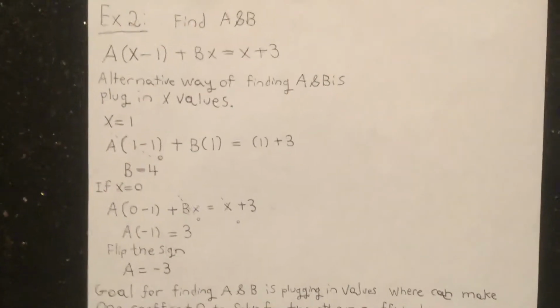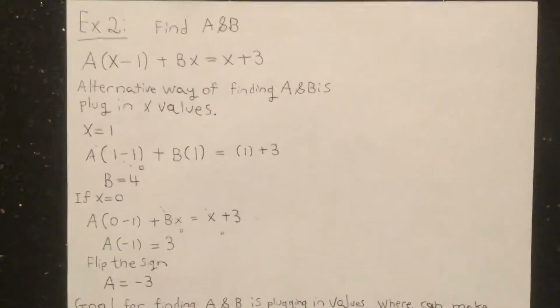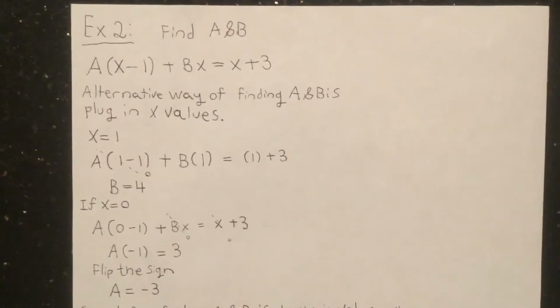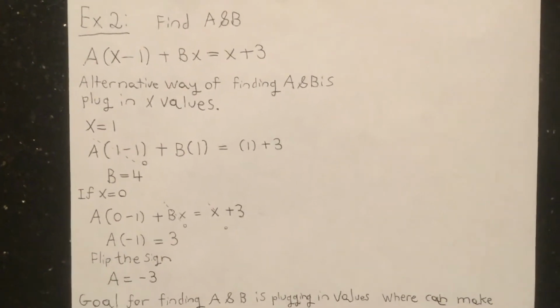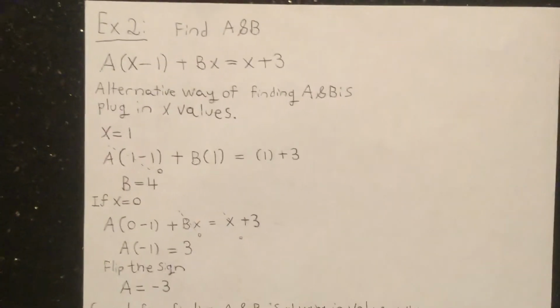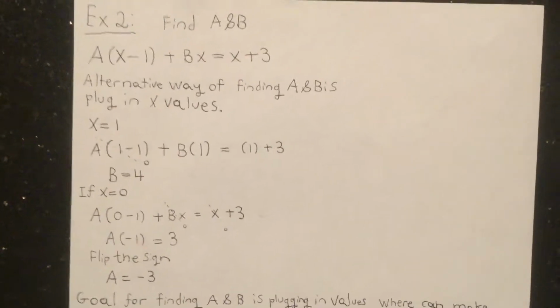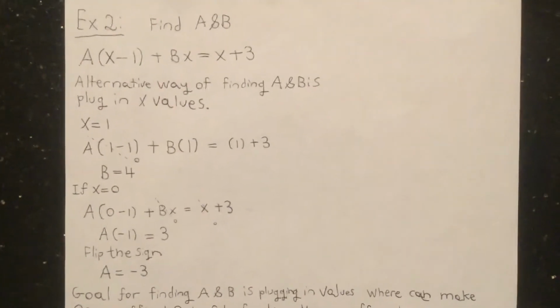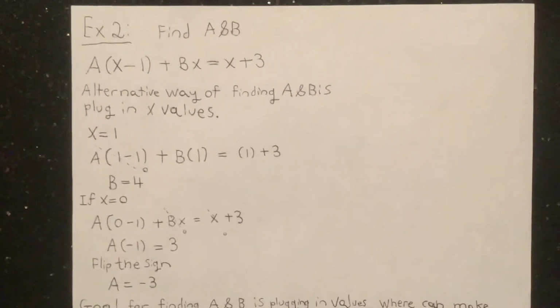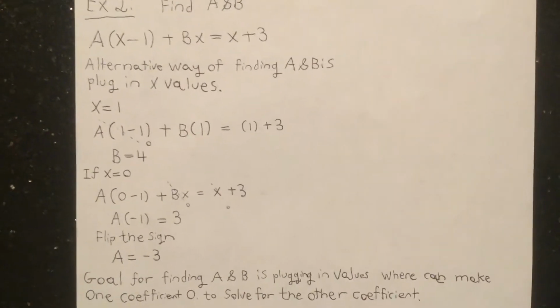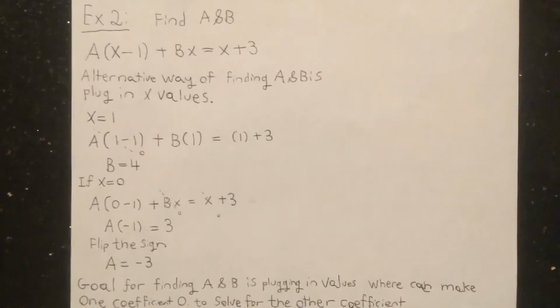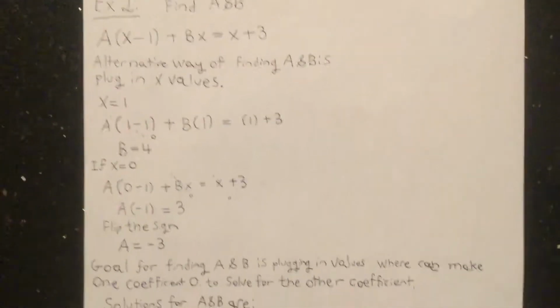Now, for plugging in values, you want to make it as easy as possible. Don't overcomplicate it by writing x is equal to 9,000 or x equal to 5,000. We want to keep it as simple as possible so that you can find your a and your b by plugging in the zeros of those coefficients.